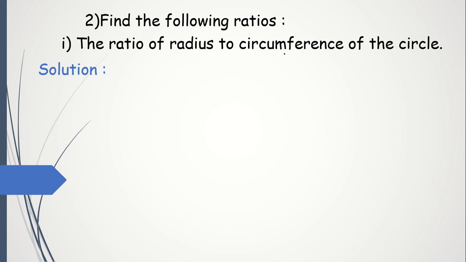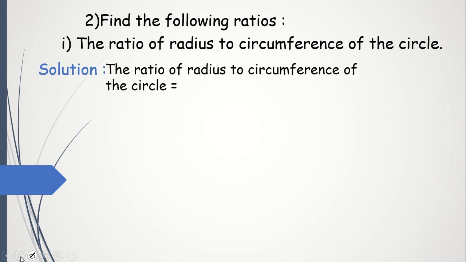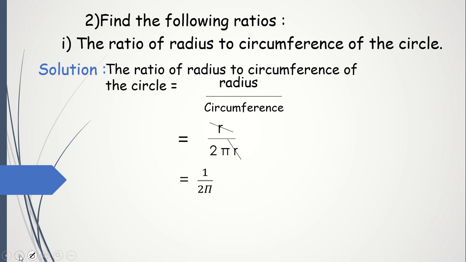So we assume the radius to be R and circumference is 2 pi R. So radius upon circumference, radius is R, circumference is 2 pi R. Now this R is going to get cut, so that's 1 upon 2 pi. So that's 1 is to 2 pi.